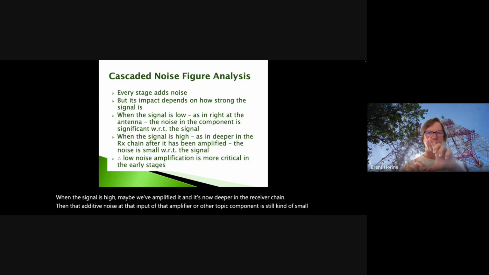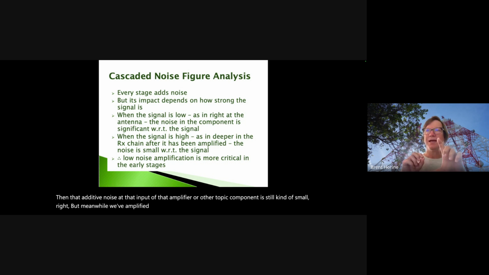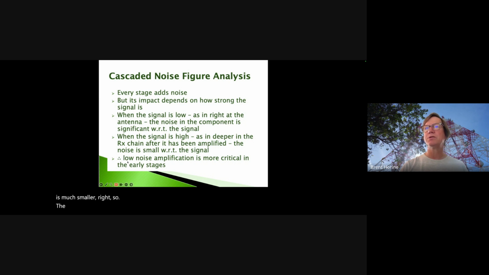But meanwhile, we've amplified that signal. So the impact of that additional bit of noise is much smaller, right? So the conclusion we're going to come to is that low noise amplification, or amplification where we're emphasizing low noise, is more critical in the early stages, right?